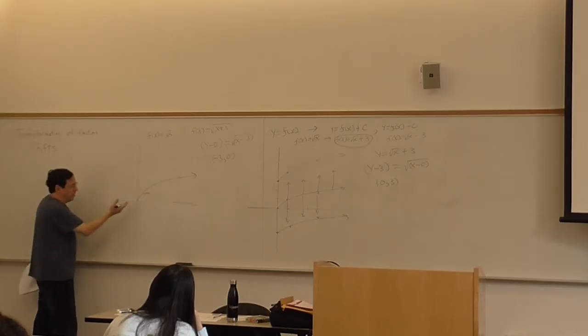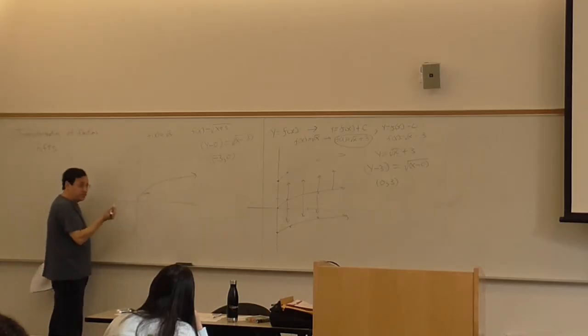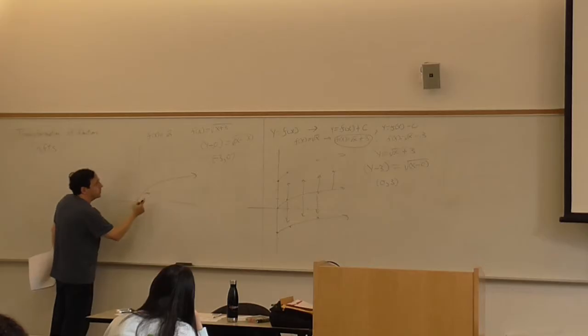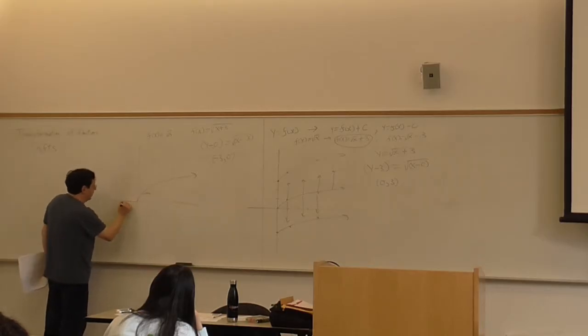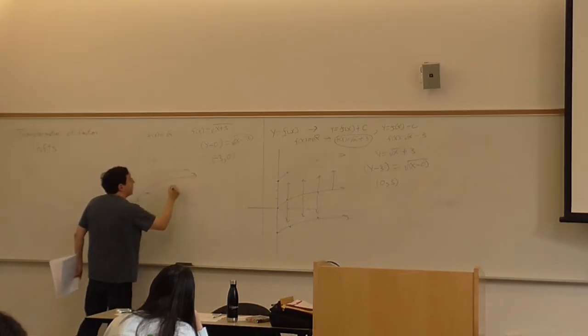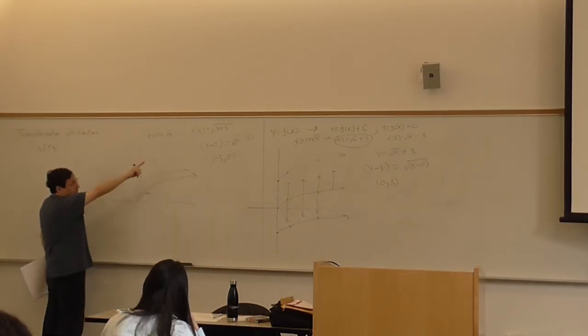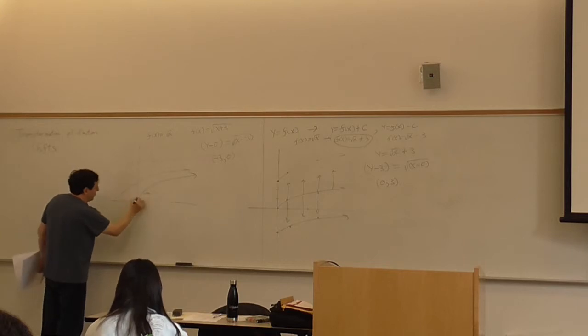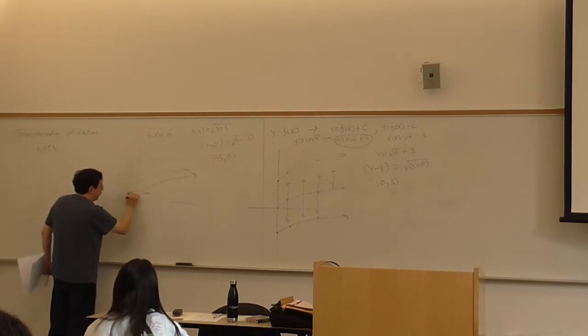In this case we don't have a circle, but each point on this graph is going to move that way. 1, 2, 3. So when we add 3 here, our graph actually moves to the left.